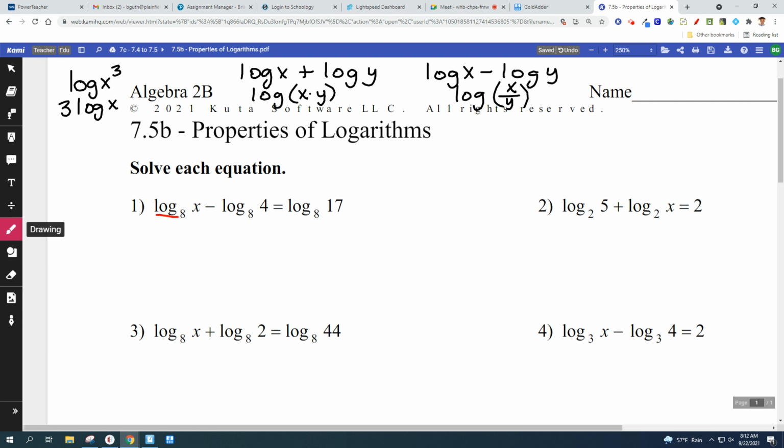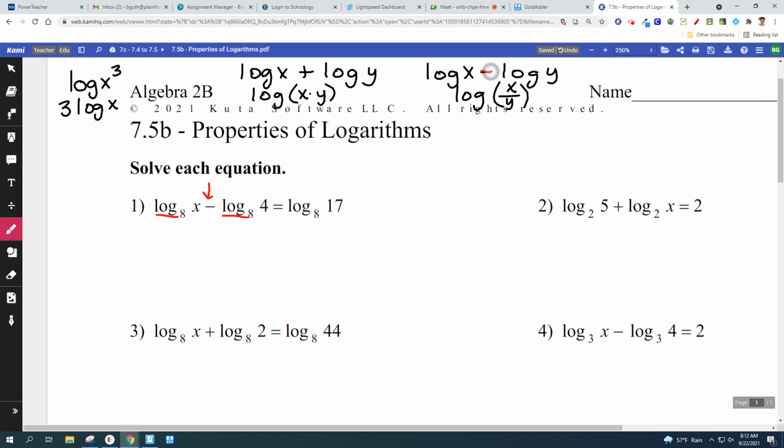In problem number one, the thing you should notice is there are two logs. We don't want two logs. When we solve an equation, we want to isolate the variable. That involves a lot of the time combining like terms. In this case, we have to combine those two logs into a single log, and it's not that hard. You just have to notice that you're subtracting two logs.